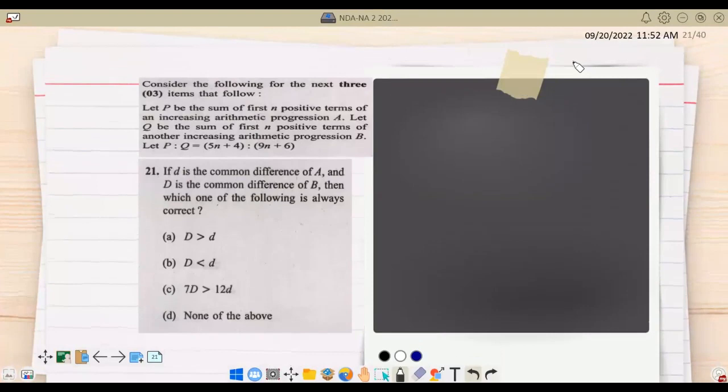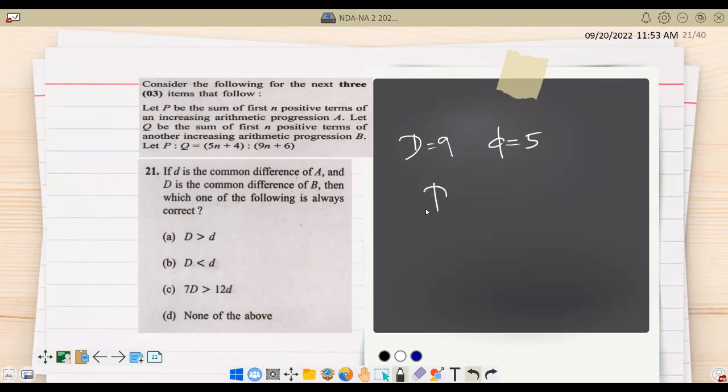Now we're going to see the 21st question. Which of the following is always true? The reason I told you to find the capital A, D, capital B values of that. Now we know the value of capital D, which was 9, and then we know the value of small d is 5.